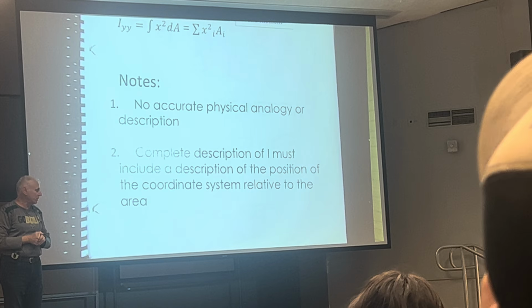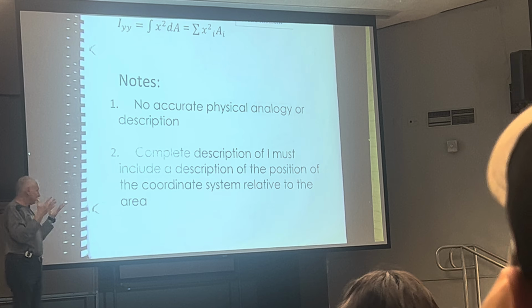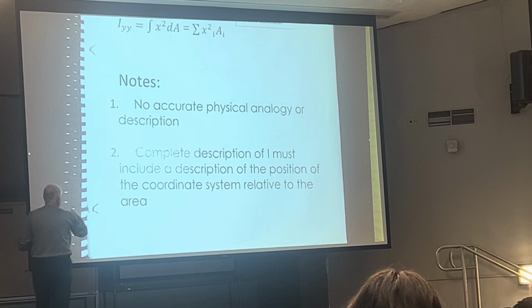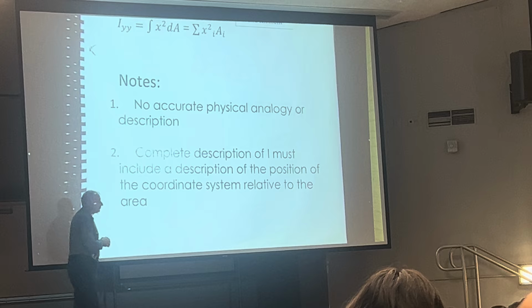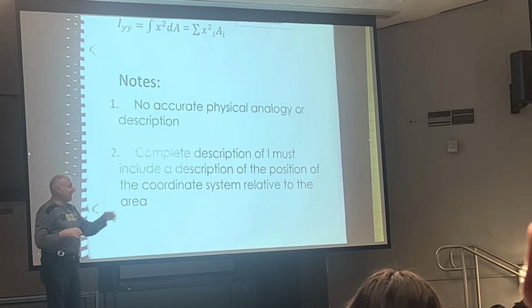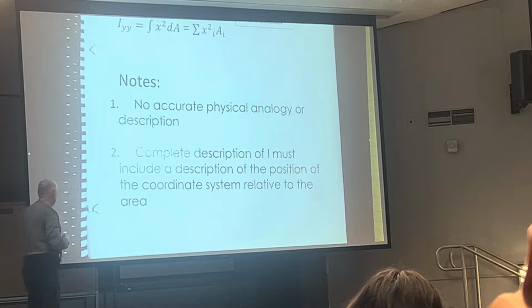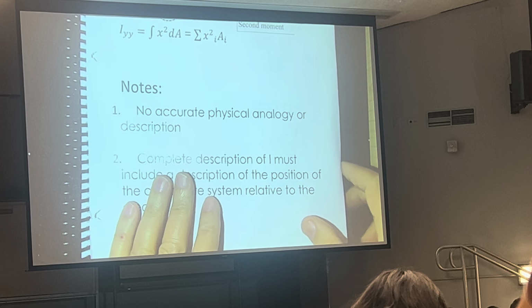Period. End of discussion. We made it up. Number two, I already said this: you can't describe I without saying the axis associated with it. So you have to have the coordinate axis involved in order to describe I.